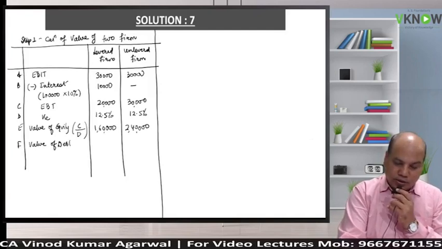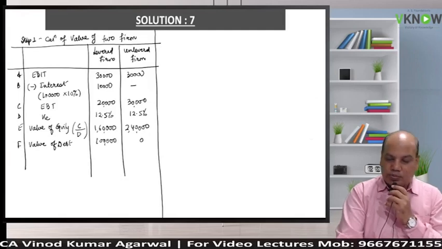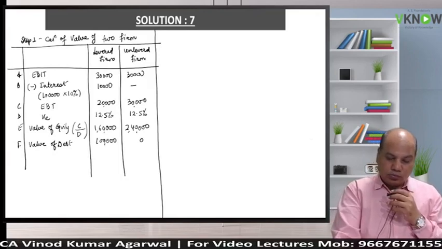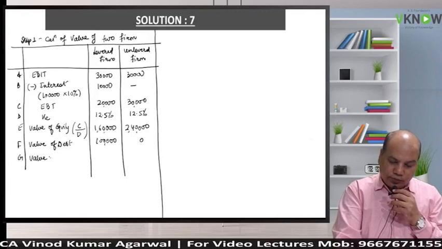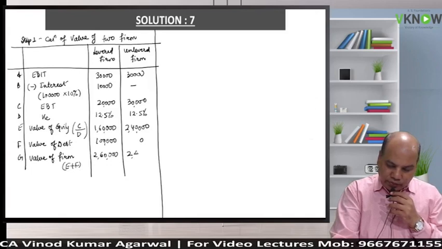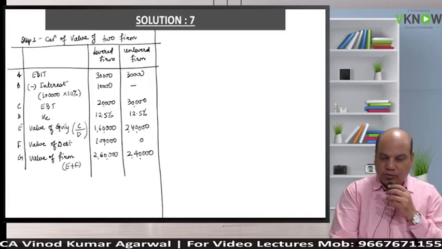Value of debt in the levered company is 1 lakh. Unlevered company 0. Point number G, write down value of firm. Value of firm is E plus F. 2,60,000. 2,40,000.